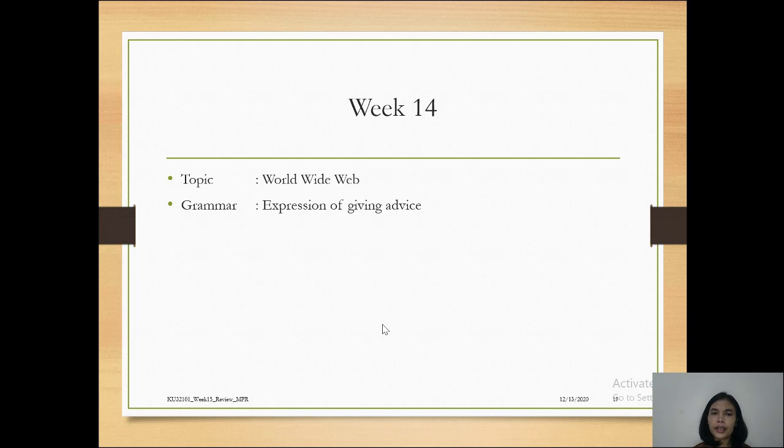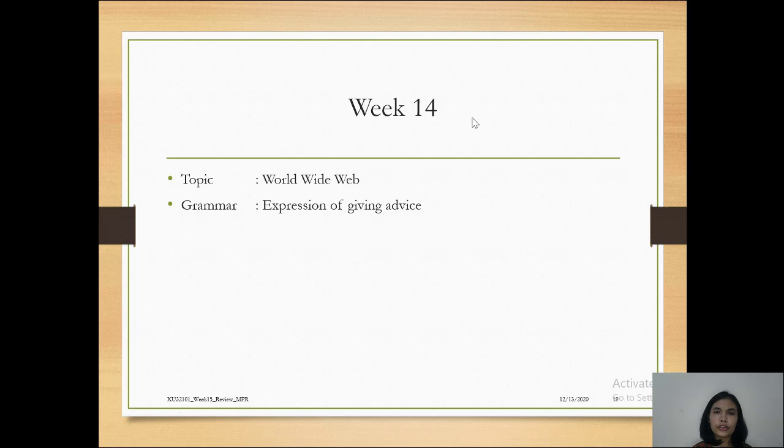Help yourself by utilizing the grammar when you're giving advices towards a problem or towards an issue. By using these expressions, you are enriching your vocabulary and also your language knowledge. So that is the last material for week 14.